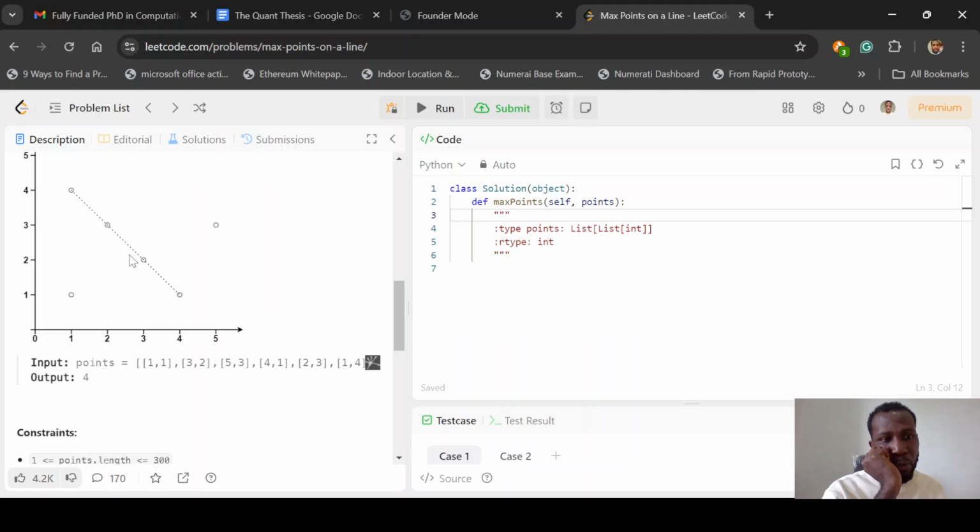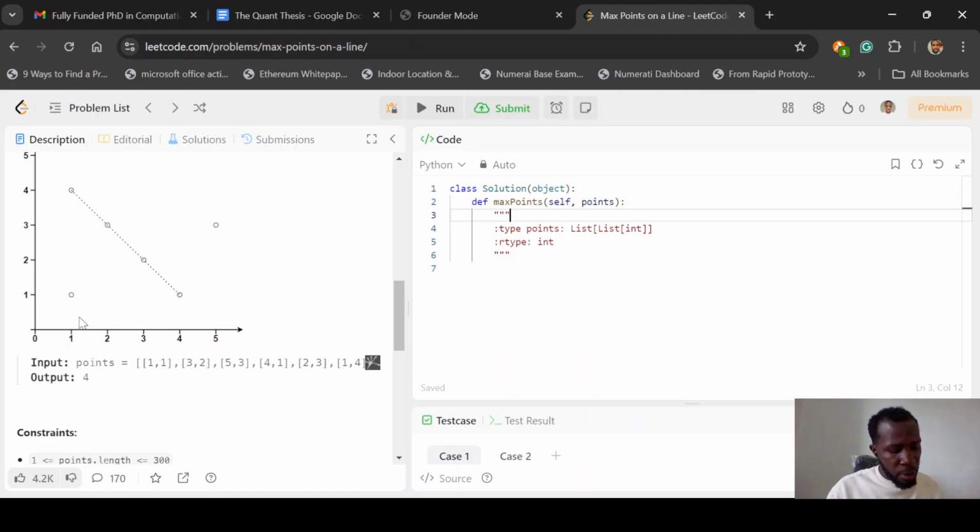If you measure it from point 1,4 and point 4,1, the change in x is actually 3, since the difference between 4 and 1 is 3. But the change in y is minus 3. So it's going to be minus 3 over 3. So we're going to have another function that will reduce all of them to a common slope.